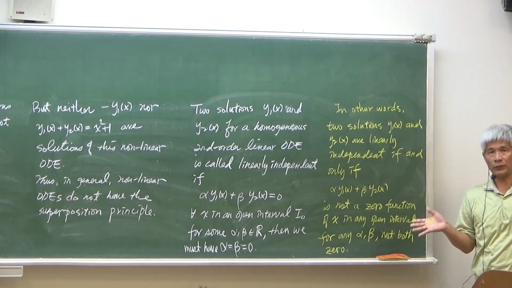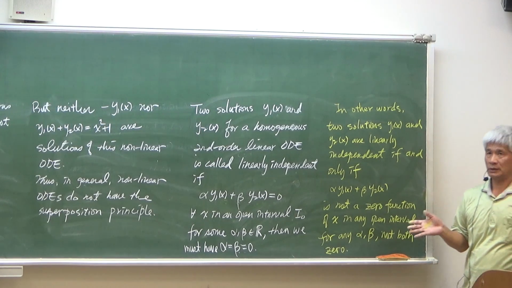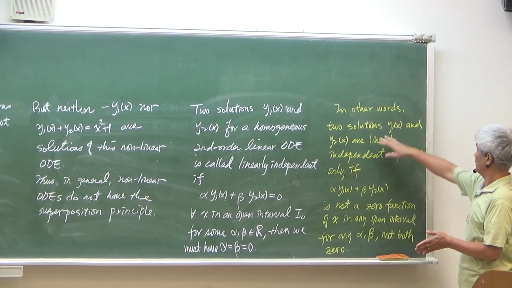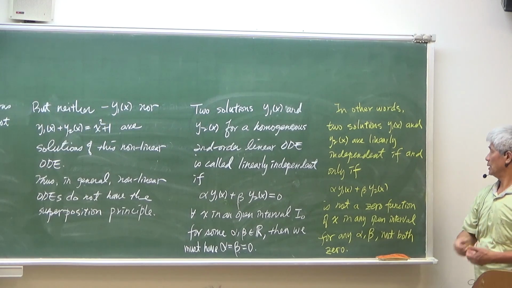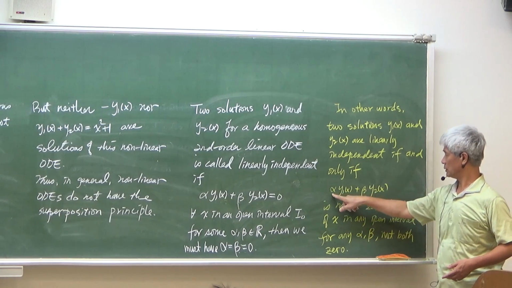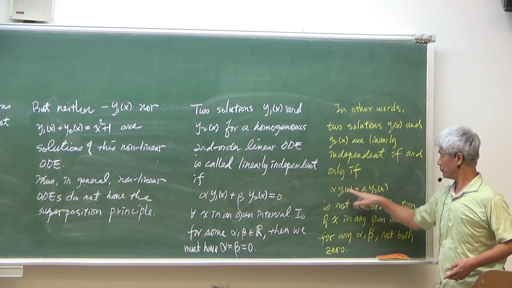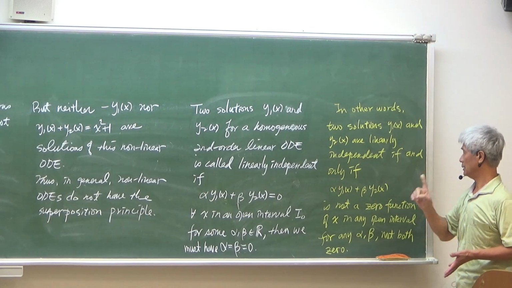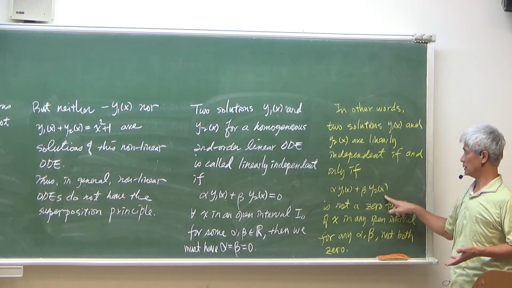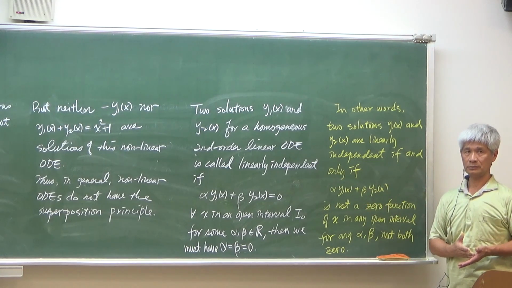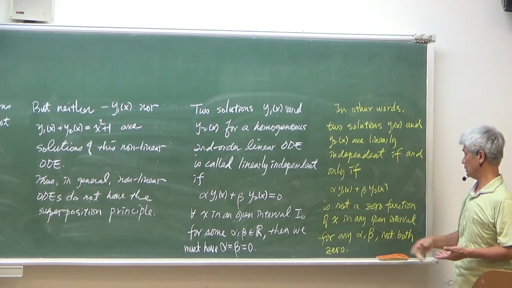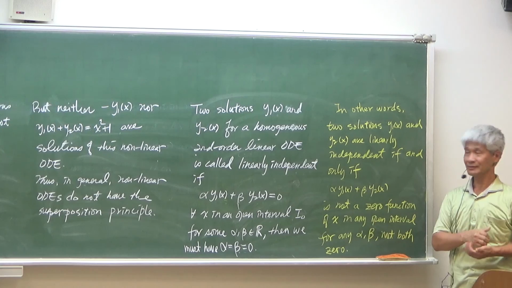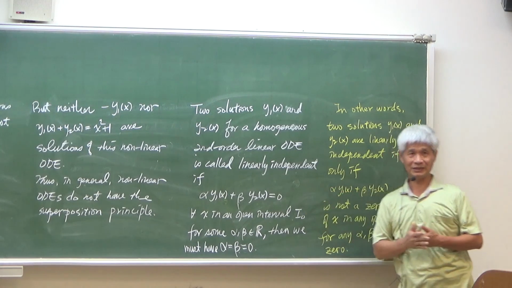So this is another way to speak about two linearly independent solutions. So we say two solutions are linearly independent if we form a linear combination by two constants alpha and beta, not both zero, so at least one is non-zero, then this linear combination is not a zero function. Okay, it's not a zero function in any open interval. This is more clear than the statement in the definition.